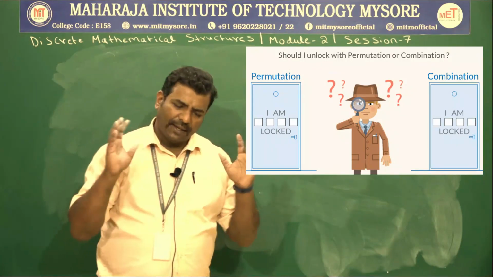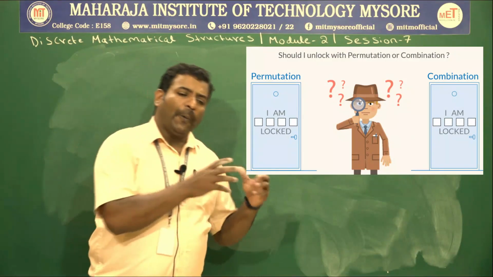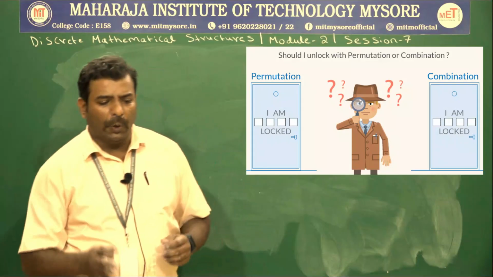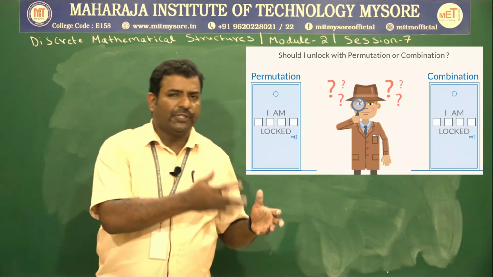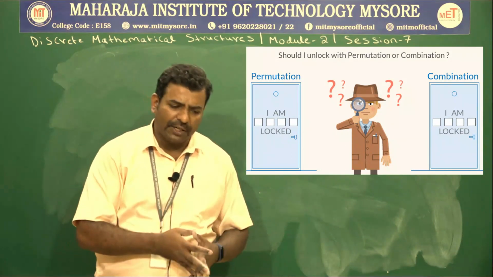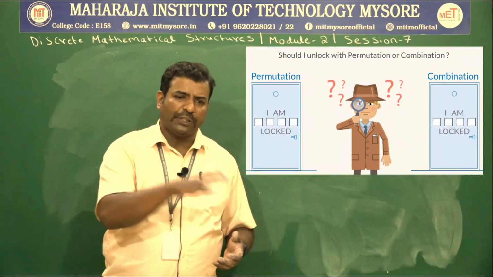In any case, keeping that aside, now I need to open this locker by using a proper 4-digit code. So now the number of available digits are 0 to 9, that is there are 10 objects, n value is 10, and how many digits you need to enter now? That is 4.